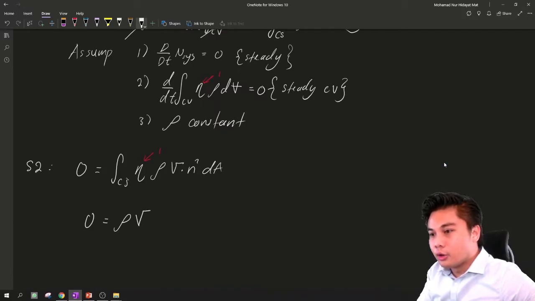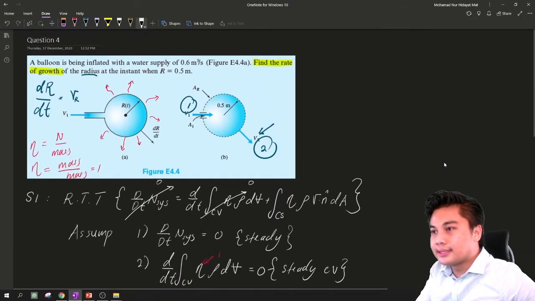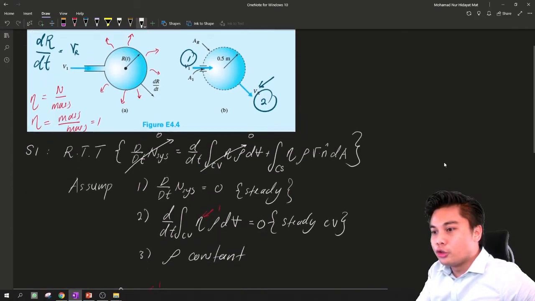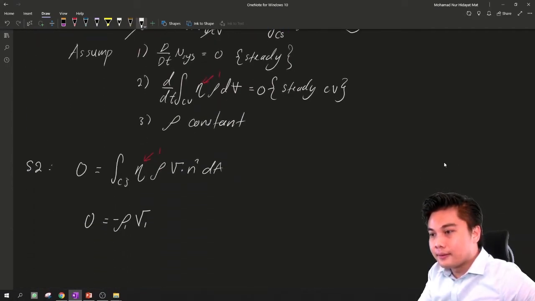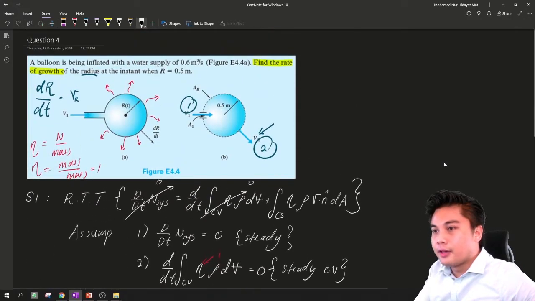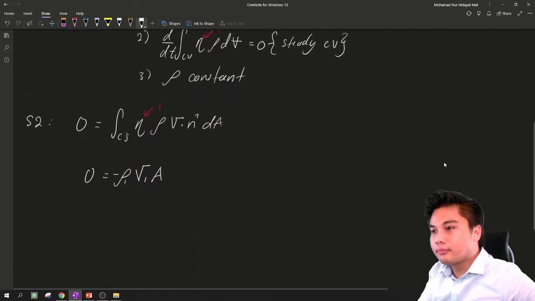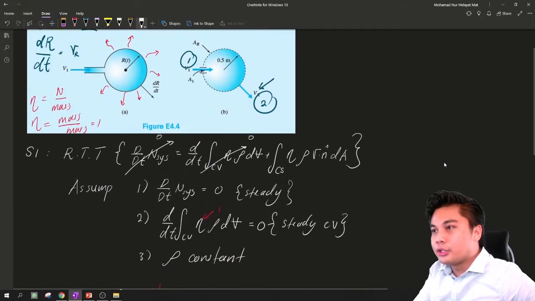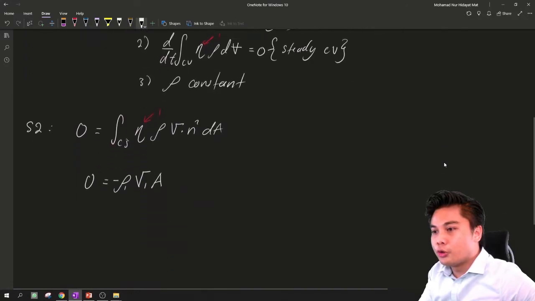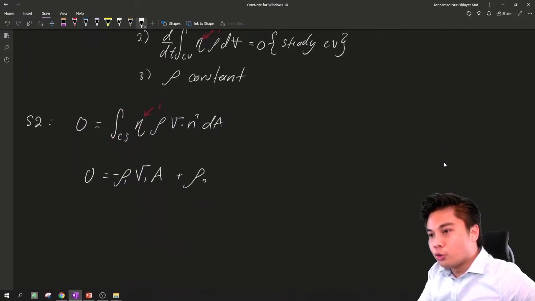This is rho 1, velocity 1. Alright, you can say that point 1 is into the control volume. It is negative here, dA, which we can replace with area because it is uniform velocity. And point number 2 is out of the control volume, which is plus rho 2 v2 a2.